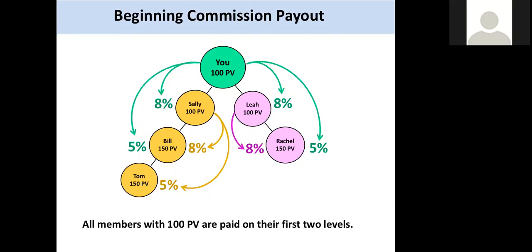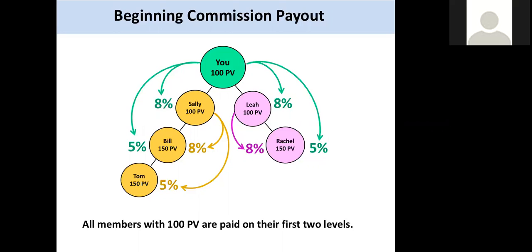The next question I like to ask is whether or not you would receive any commissions based on Tom's volume. And Tom would be third level, so you would receive, based on Tom being at the third level, unilevel, 4% off of Tom's volume that he's completed.